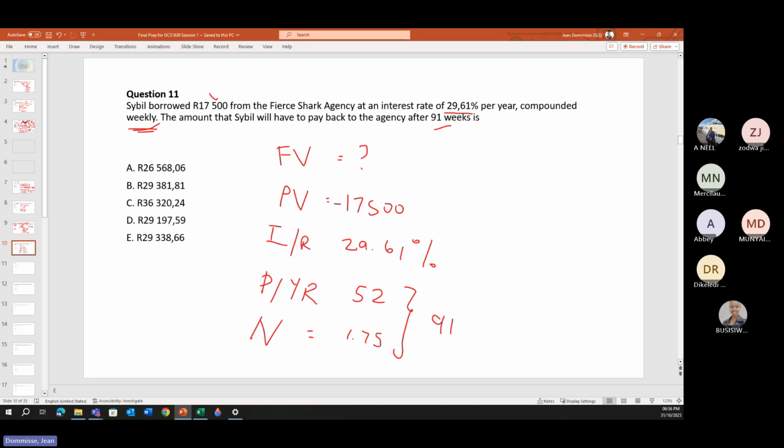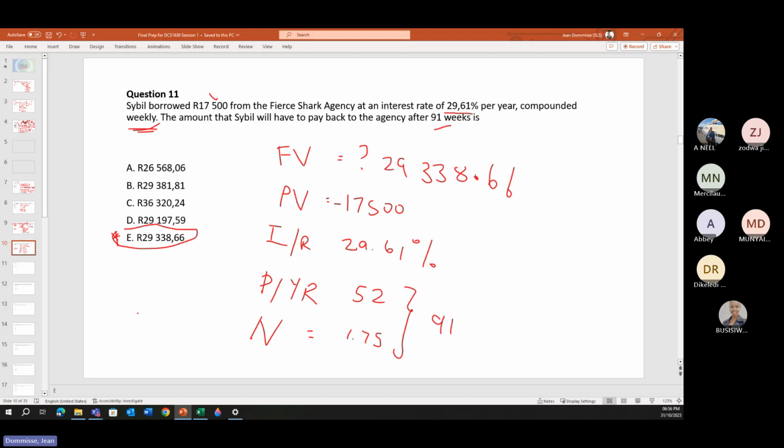So we get 91 periods, and then your future value, just make sure again: 29,338.66. And let's see if there is, sure, 29,338.66. Okay, and there's the option.